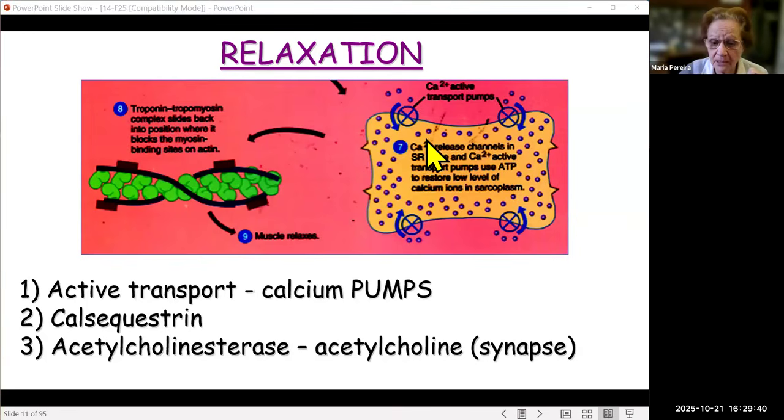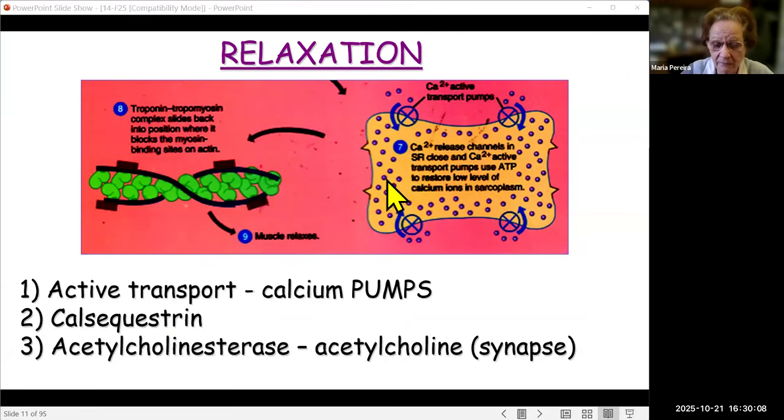Inside the sarcoplasmic reticulum, there's a protein that is very, very avid for calcium. It has a high affinity for calcium. And that protein is known as calsequestrin. So it sequesters calcium. This protein, calsequestrin, is located inside the sarcoplasmic reticulum.